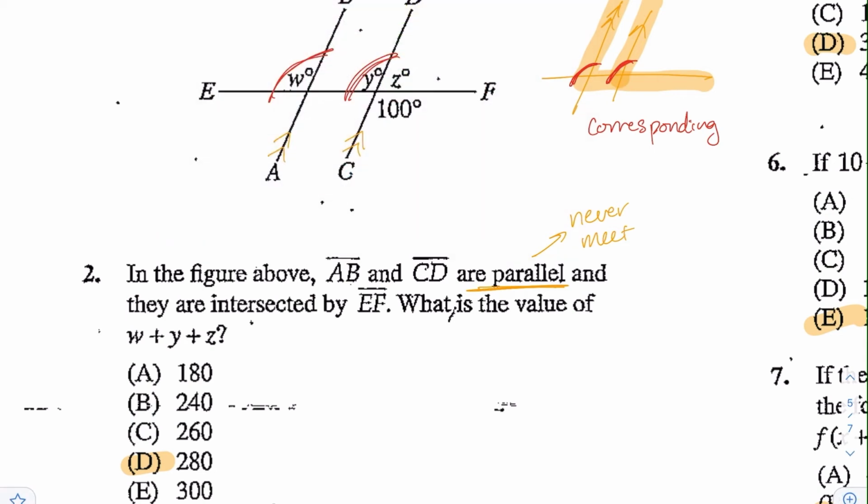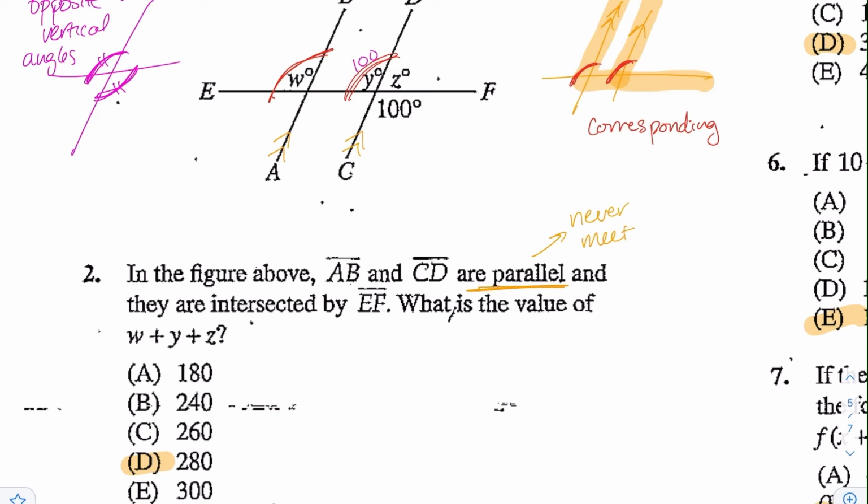Now, what you also have is that if you have an X, specifically those two lines, DG and line EF, these two angles are also equal. These are called opposite or vertical angles, and opposite or vertical angles are also equal. So you know that Y is equal to 100 degrees.